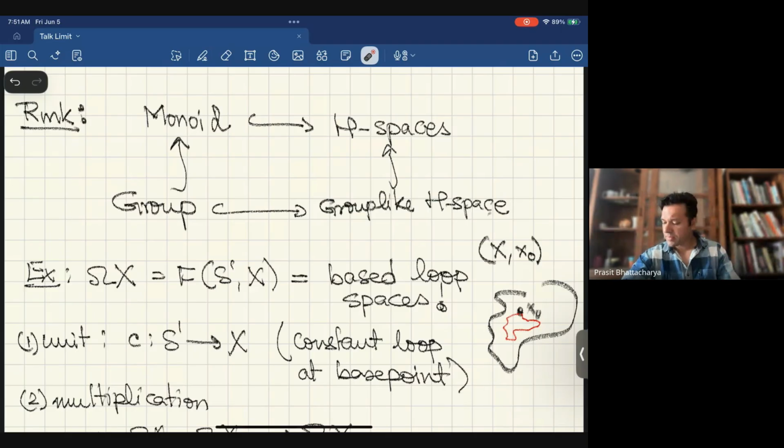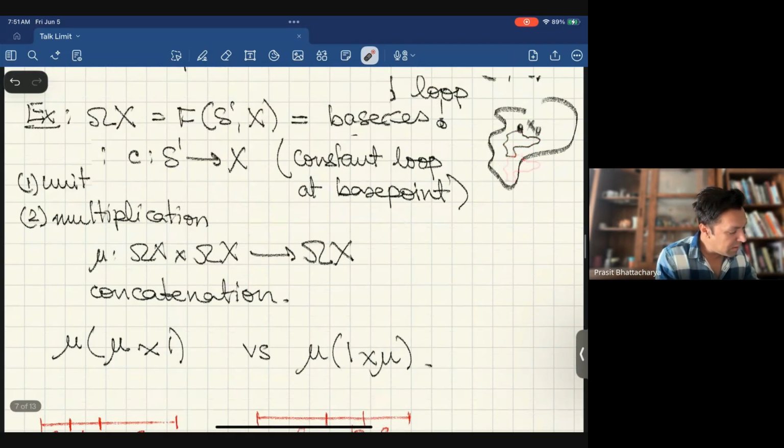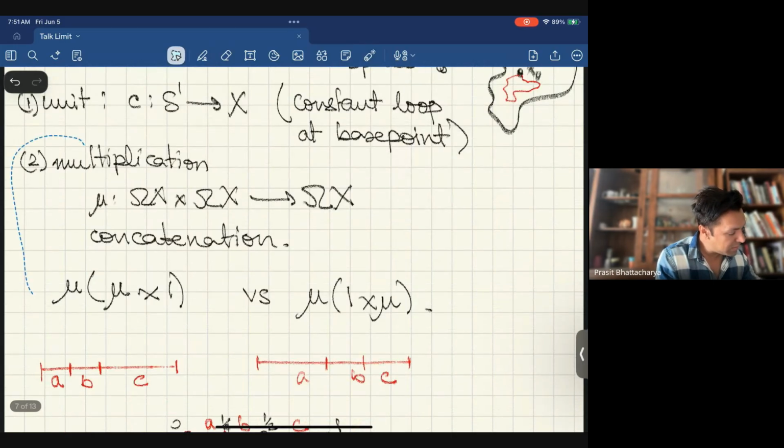Just assume there is a topology. The precise definition doesn't matter for us. So now in this thing, you can define the unit map.